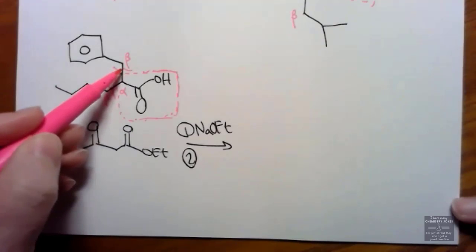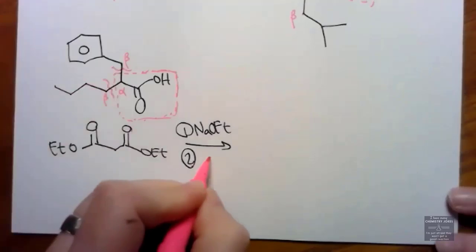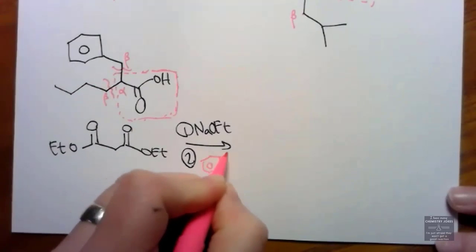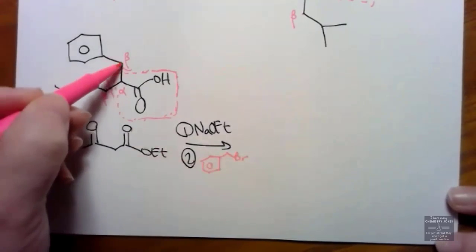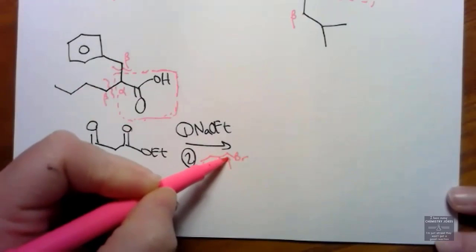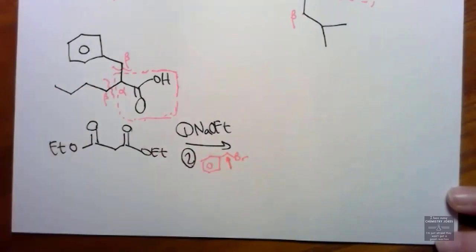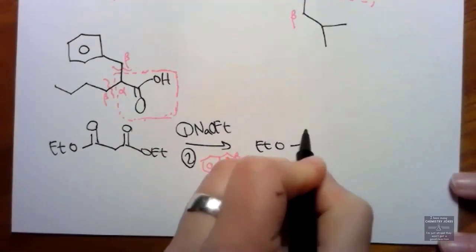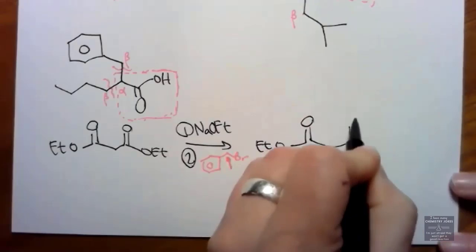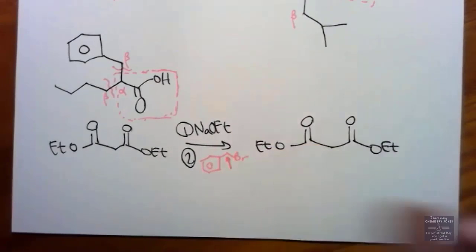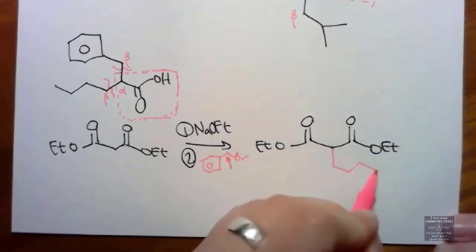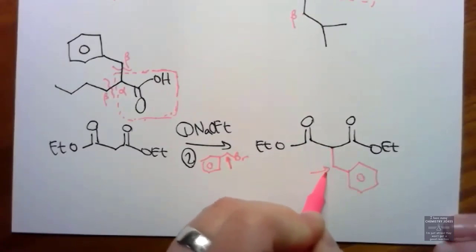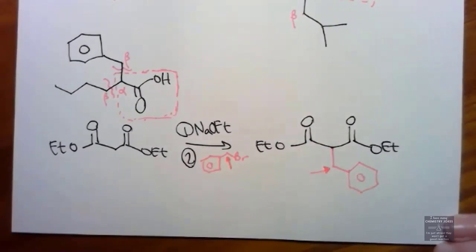We'll make this one first, just because. So this beta carbon is the carbon that got SN2'd upon.